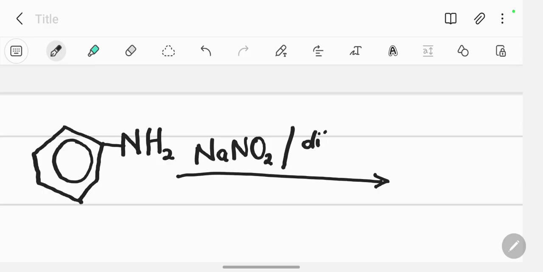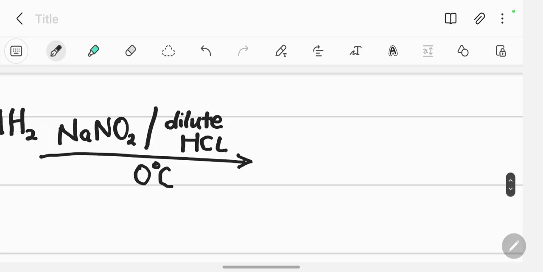So dilute HCl at 0 degrees Celsius. If you go beyond 0 degrees Celsius, you may end up with phenol. So what do we get here?